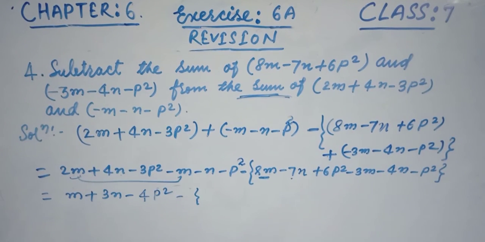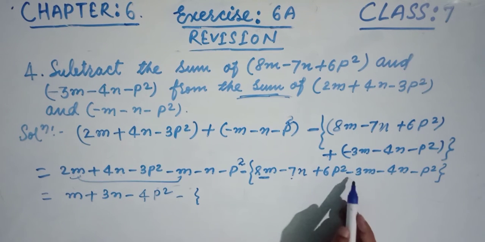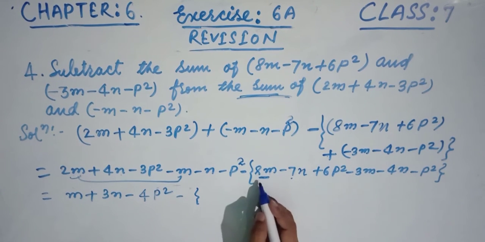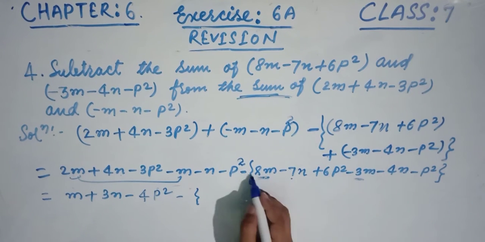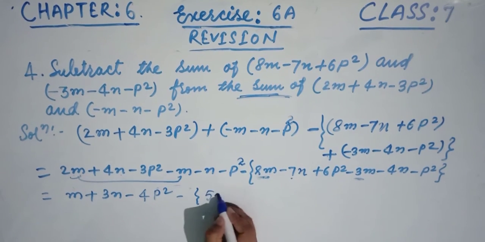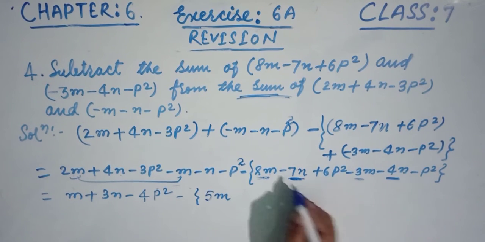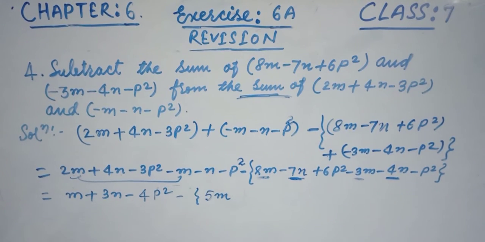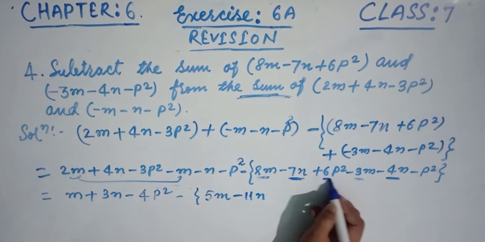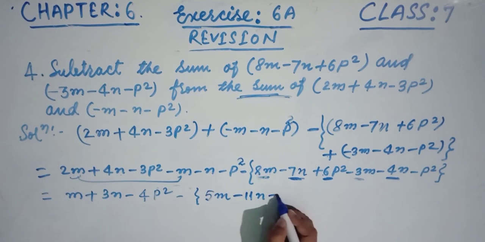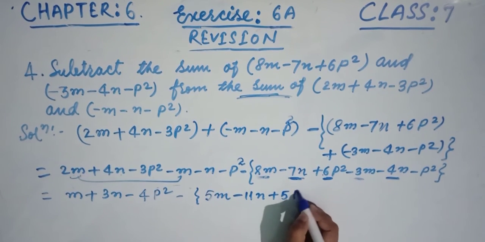Okay, now see friends, this is 8m, here is the m term, 8 minus 3, 5m. These are n terms and here are the n terms, but both have the negative sign, so add their values and put the negative sign, 11n. This is the 6p square and 1, if 1 goes from 6 then 5, plus 5p square.